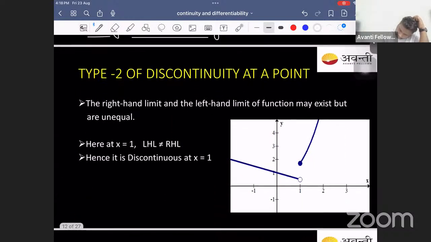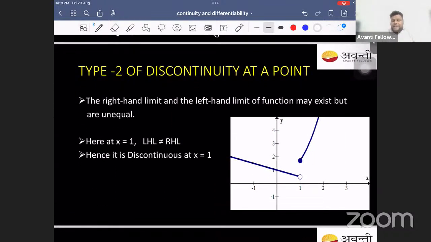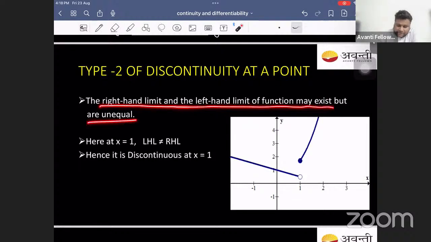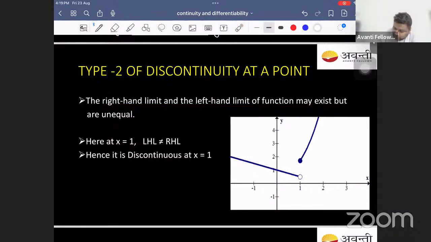Now type 2 of discontinuity, the second type. The right hand limit and the left hand limit of the function may exist but are unequal. In this diagram, if you see, the right hand limit is this, something like 1.8, and this is the left hand limit, which might be 0.3.